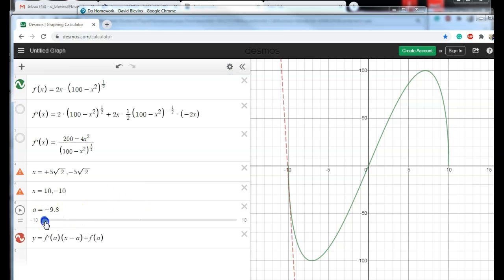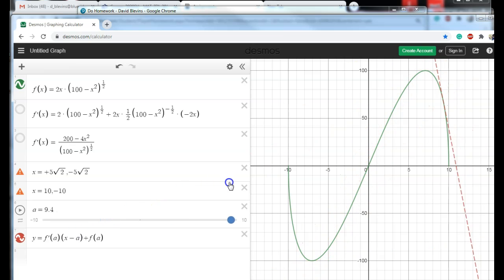If I move A around, notice there's that tangent line. And at those places, what we talked about before, 5 square root of 2, negative 5 square root of 2 are those critical points right there.